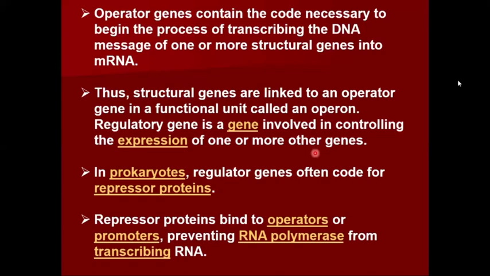And this is particularly true among prokaryotes or bacteria, but not so in mammalian cells. Okay? So the operon system is not present in our body. Or if ever it is present, it is not as well developed as in prokaryotes.